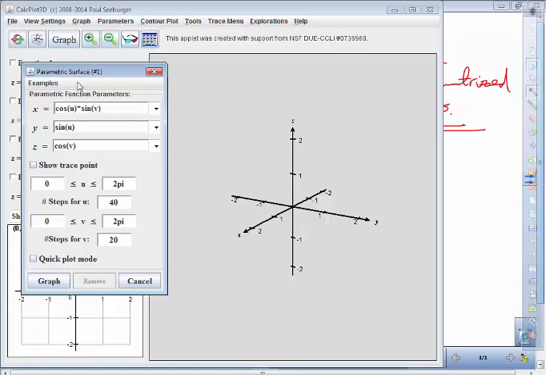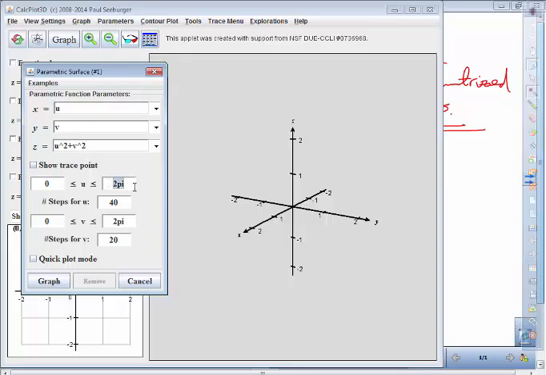And it looks like it's cosine of U times sine of V. Anyways, I don't want to graph that one. I'm going to take that one out and instead replace it with the parameterization that we came up with. This doesn't have nice text formatting, so you have to use the caret for your powers, and you have to make sure you use parentheses whenever appropriate.